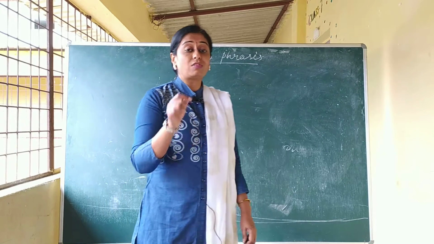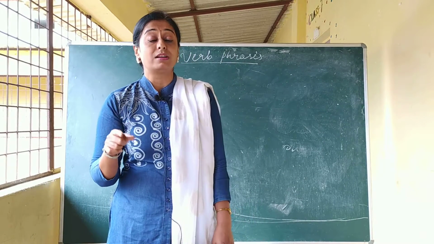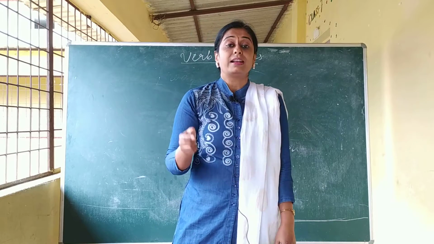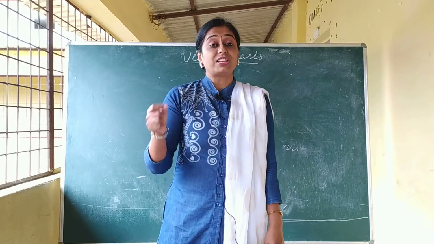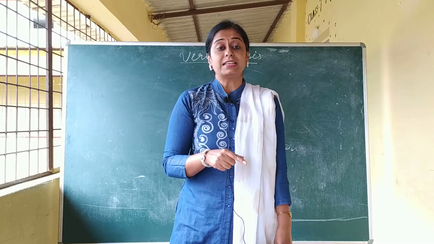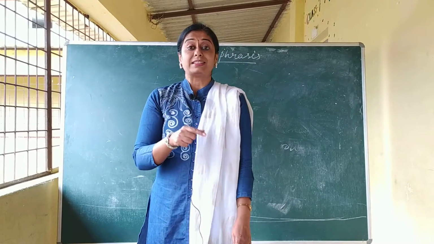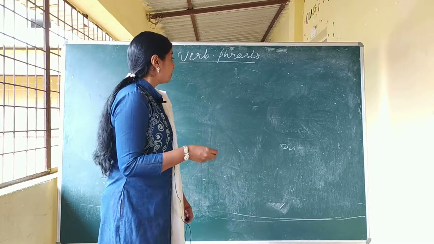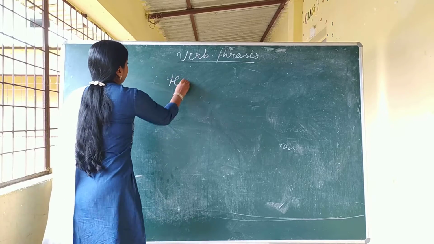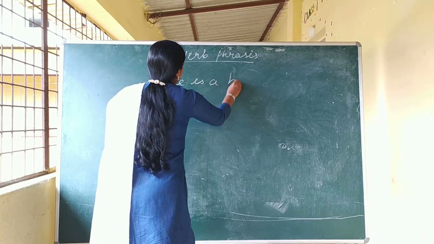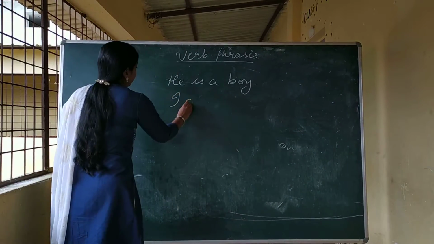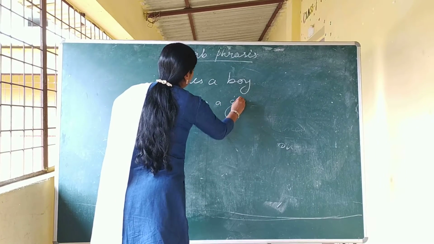So the action words, we have done when we were doing the tenses, is it not? At that time we were doing how the changes have been done along with the tenses when we use the sentences in the other tenses also. Suppose, he is a boy, I am a girl, in this way.